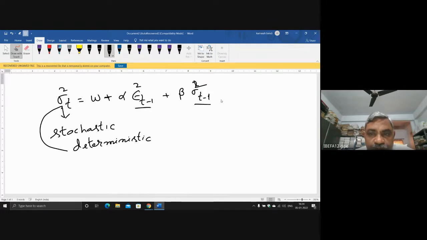Is there any possibility that some random factor is influencing sigma square t? Is there any random variable, something like this? No. In all the conditional variance equations we have specified, is there any such phenomenon? No. So therefore, the conditional variance equation is deterministic.